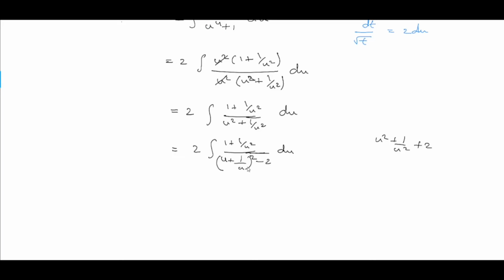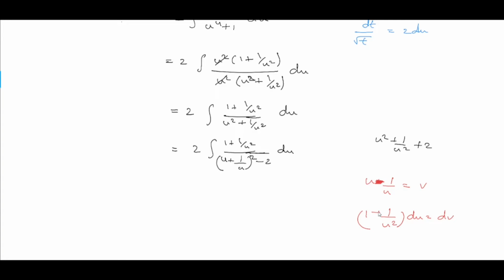Now let's see if I can do a substitution and get the numerator. Let u plus 1 by u be some v. I'm going to have 1 minus 1 by u square du equals dv. No, that's not what we have in the numerator, but what if I have a negative right here?